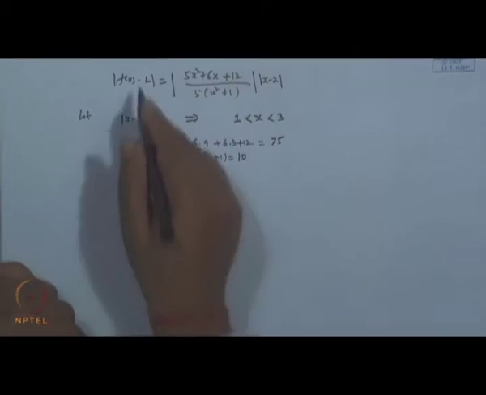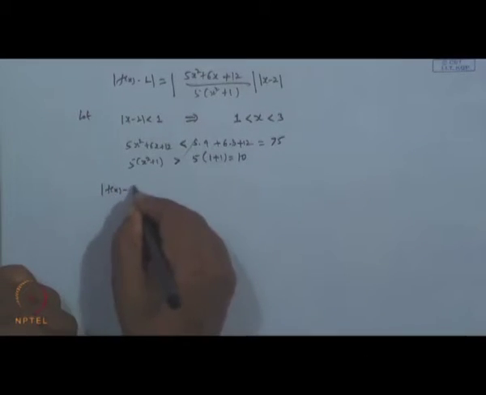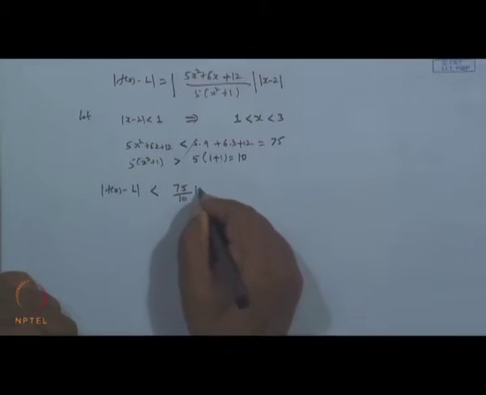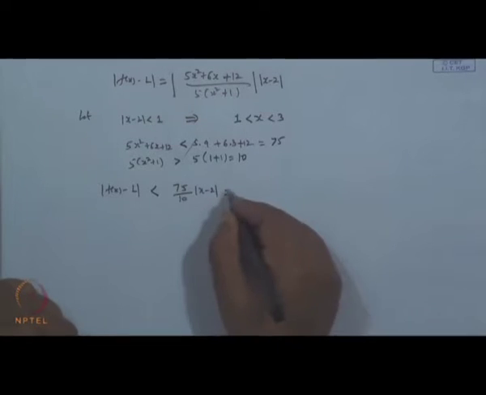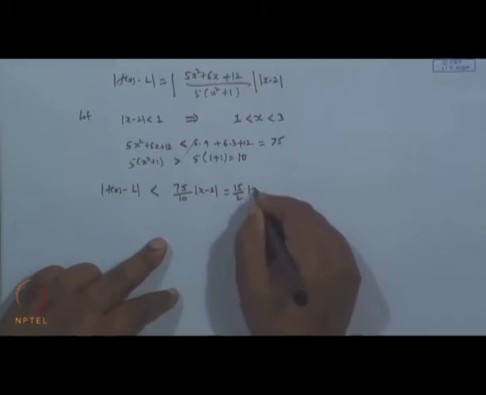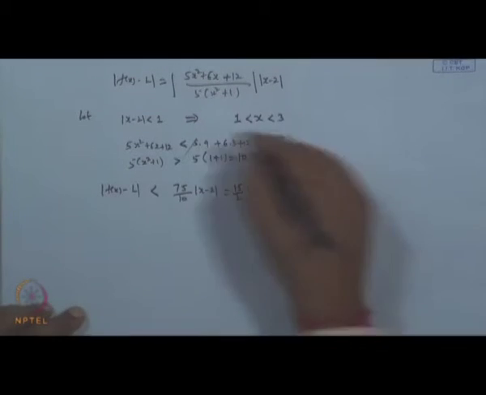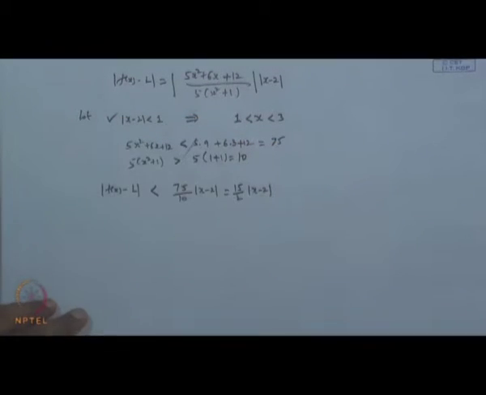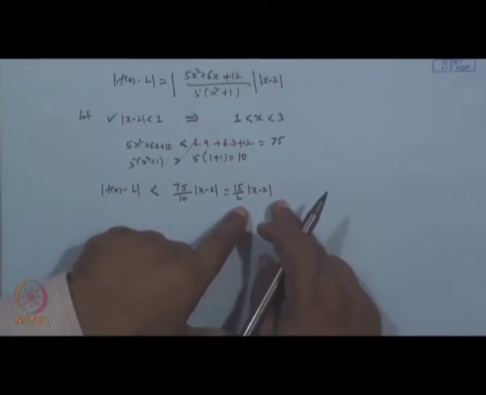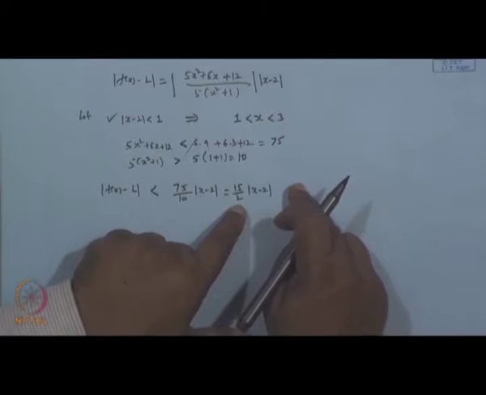It means this mod of f x minus L can be made less than 75 by 10 mod x minus 2, that is equal to what? It is nothing but 15 by 2 mod x minus 2. So, the first bound we have written like this, that is delta 1 you can say. The second bound we will start from here, because this entire thing we wanted to be less than epsilon.